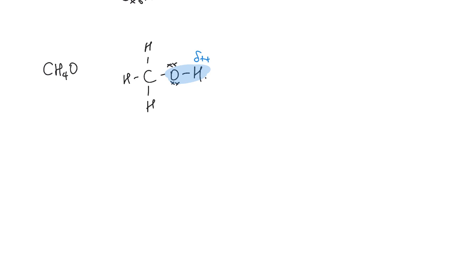I have to draw the O of another molecule of this near this hydrogen. So I'll draw it over here, with a hydrogen bonded to the C, bonded to three other hydrogens. And then I can show that there is hydrogen bonding between the very electronegative oxygen here and the very electropositive hydrogen there.